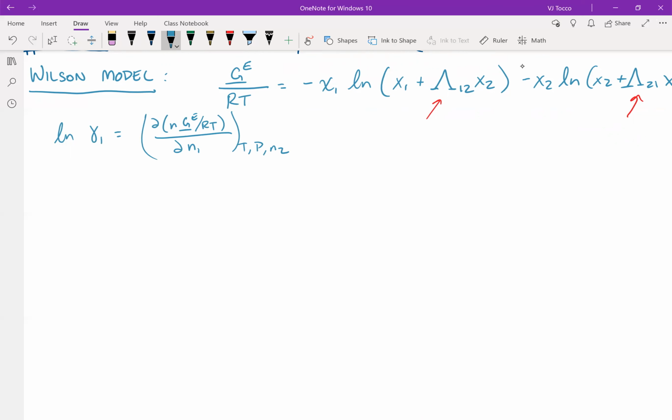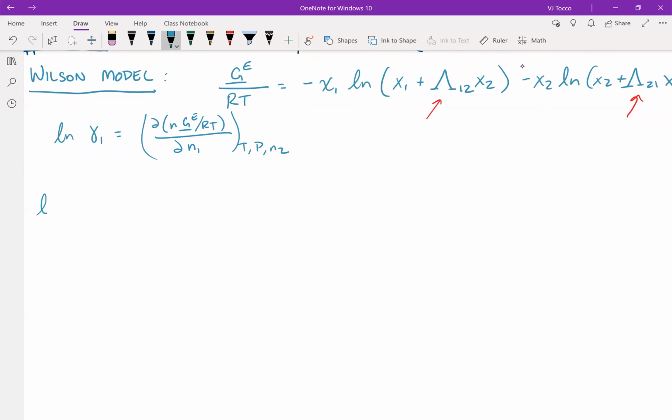So once again, you would plug this whole thing in, take the partial derivative with respect to n1, and that would give your expression for the activity coefficient. I'm not going to show you that derivation. That one looks like a lot of sloppy math.